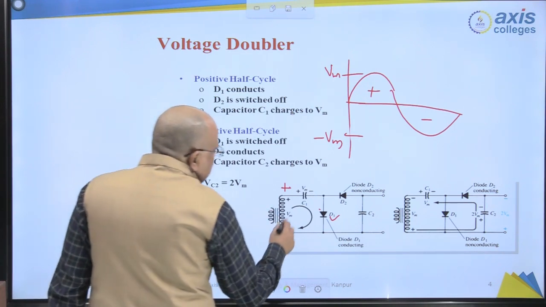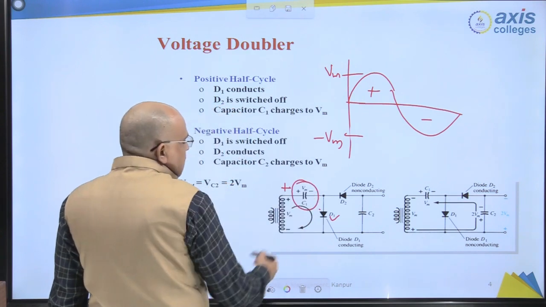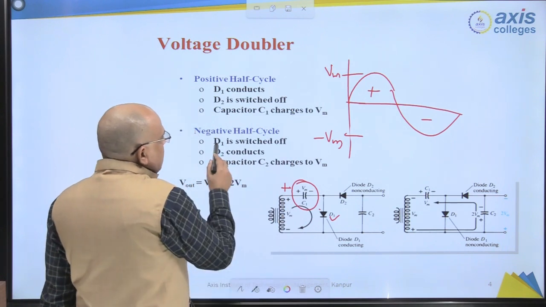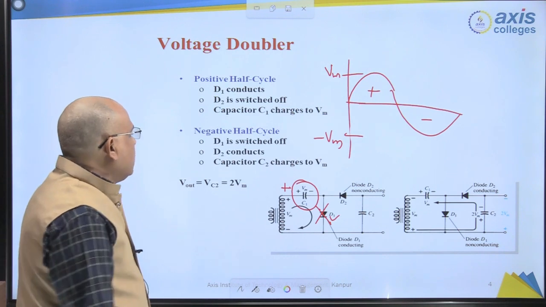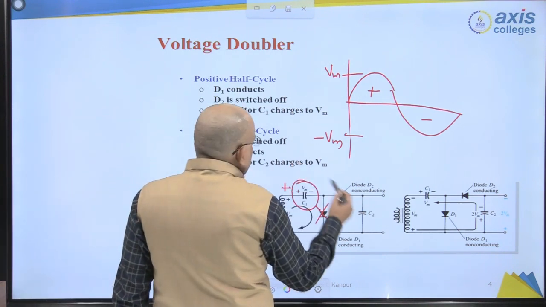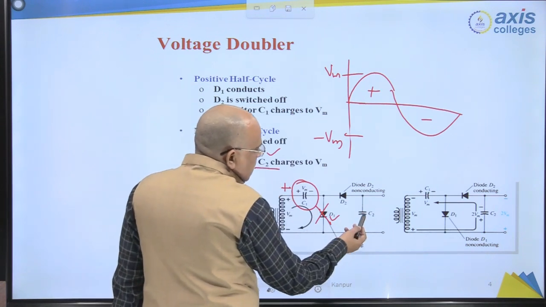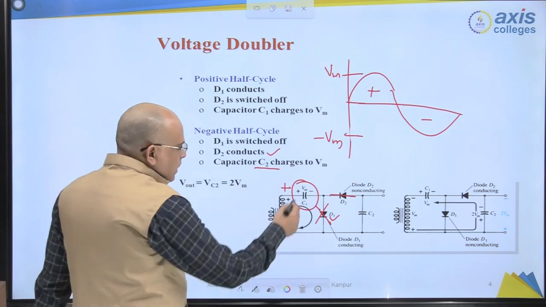In the first half cycle, this is charged with Vm, and when the second half cycle comes, what will happen? D1 switches off, it becomes reverse biased, and then D2 starts conducting, and capacitor C2 will be charged because this is short circuit.